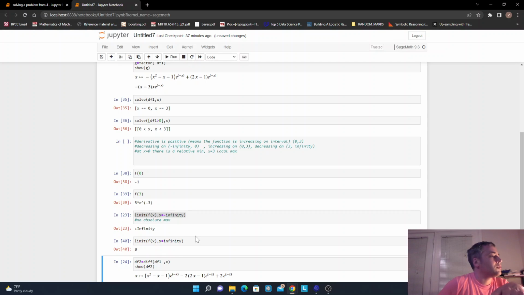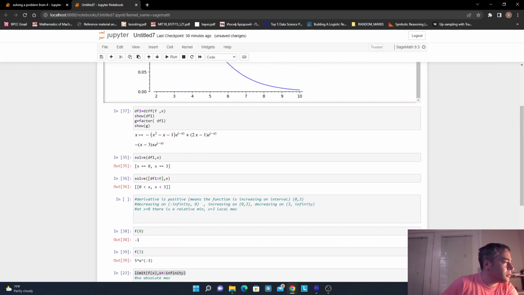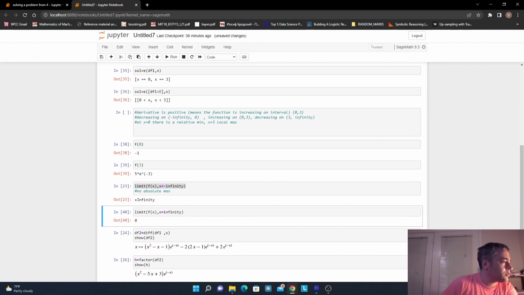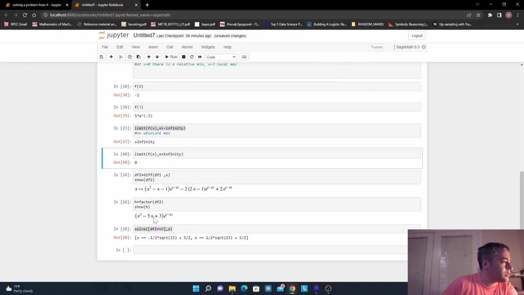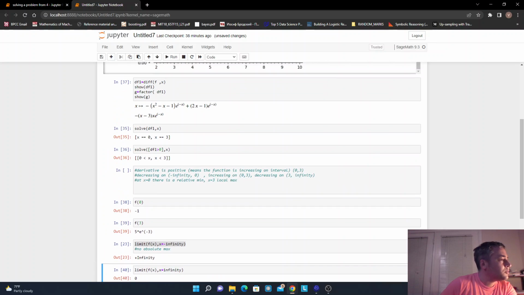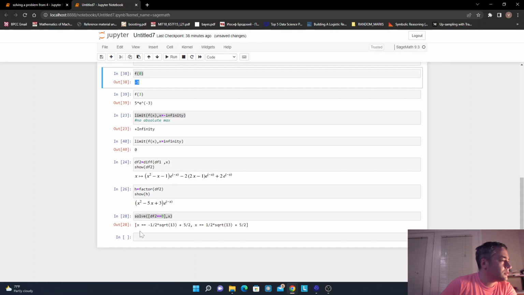All right, so that means no absolute min, because we had for a relative minimum. Oh no, actually wait. Let's stop here and be a little bit more careful. F of 0 was delivering our relative minimum. The value was minus 1, and the limit of the function at infinity is 0.